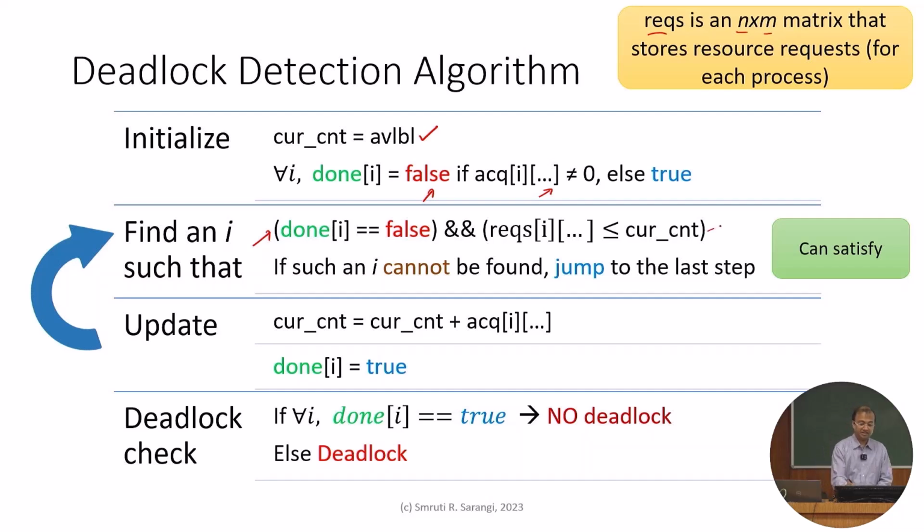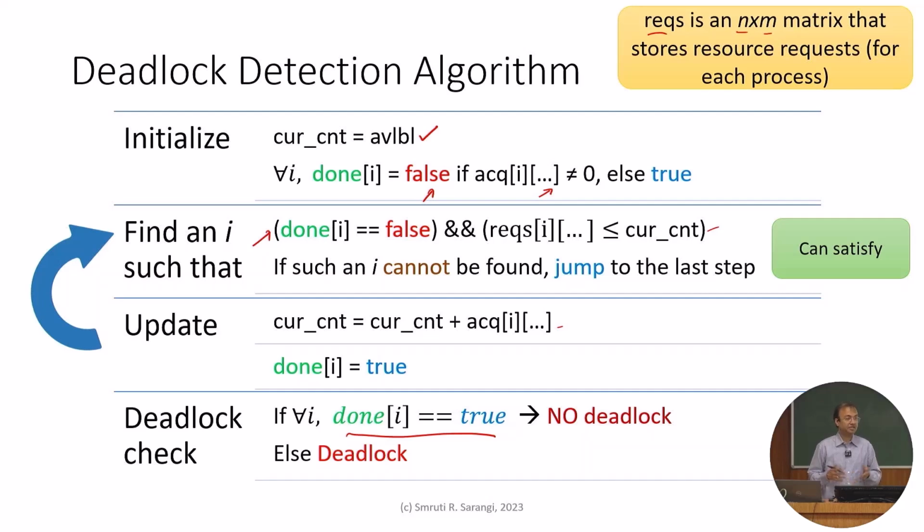If there is such an i, then you go here and you assume its request is satisfied. So whatever it has acquired is given back to the pool of the current count and you set its done to true. Finally you keep doing it until you don't find any entries and you do exactly the same check. If all of the processes' requests are satisfied, there is no deadlock.